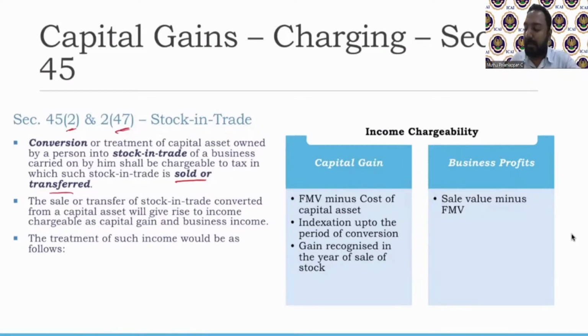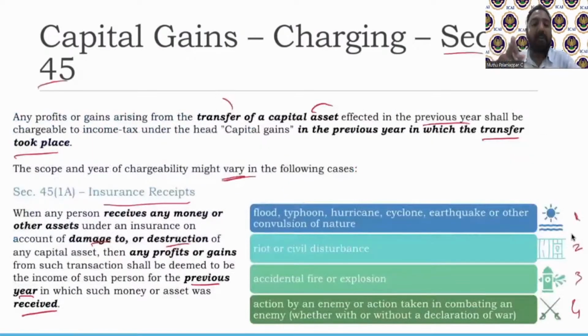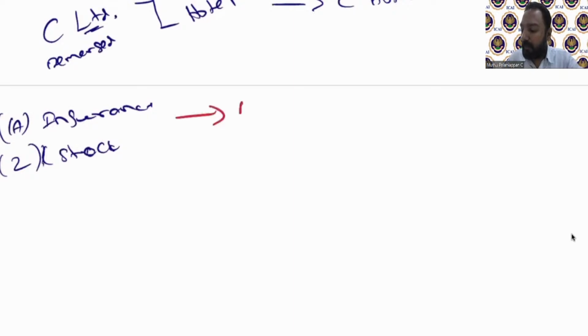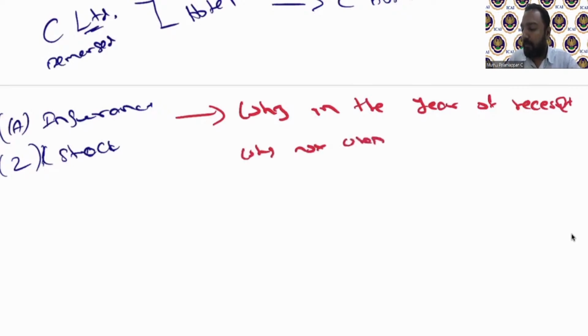Now, for both of these provisions, the insurance receipt and the stock in trade, the why is the same. Why is it taxed in the year of receipt, and why not in the year when the asset was damaged or converted?